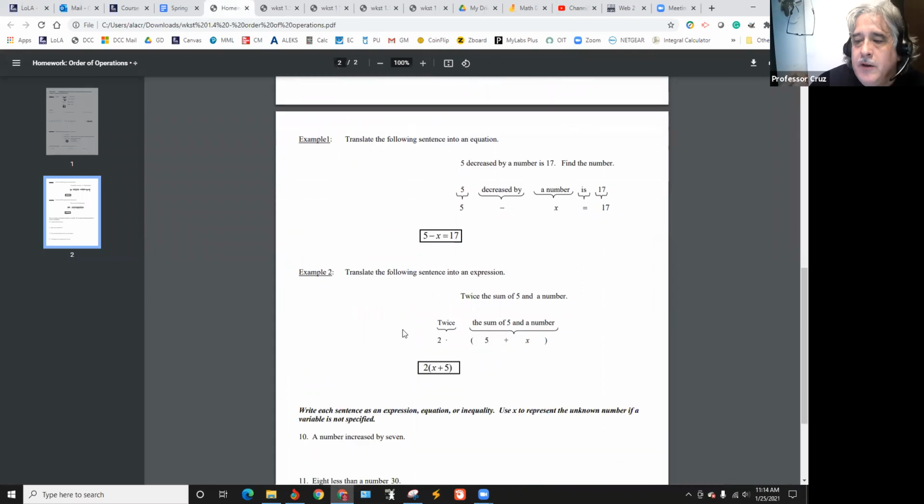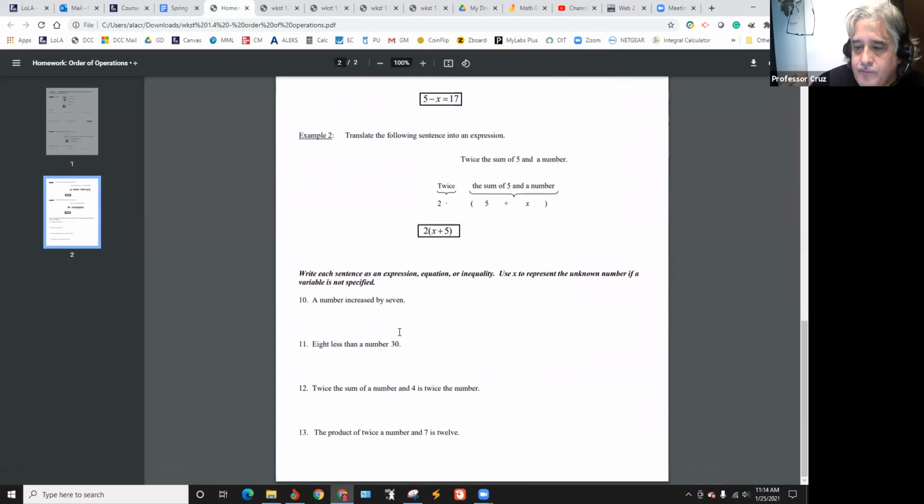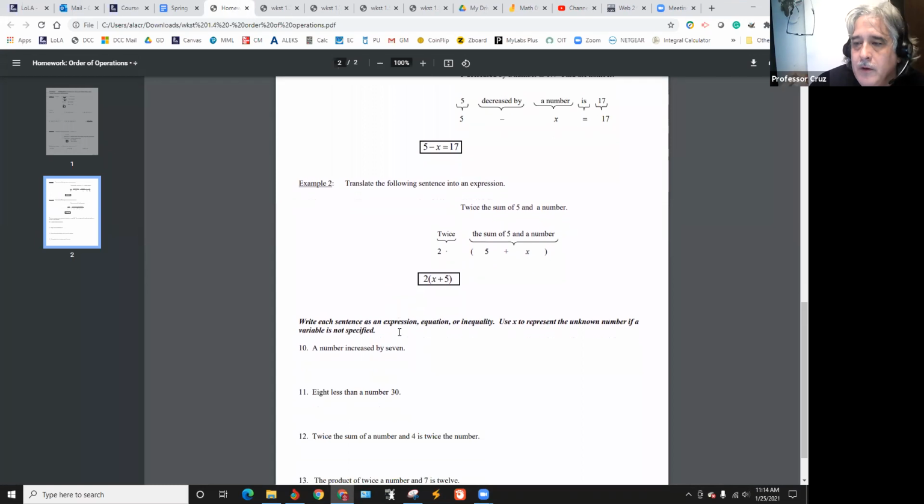All right, and then translations. Generally when you're translating words, you're looking for key words. You might see 3 times something or twice something. Sometimes you might even say the word thrice, which means 3 times.